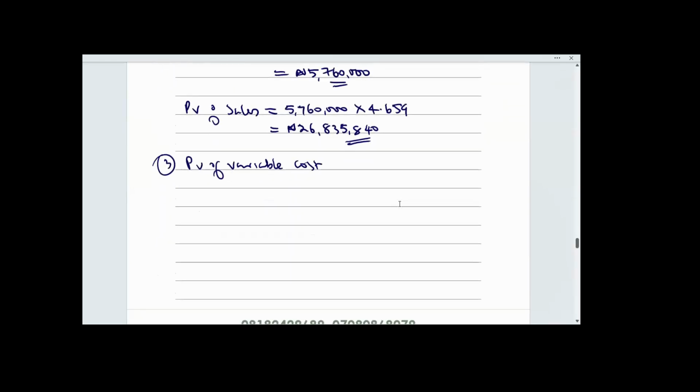To calculate the PV of variable costs, you need to first calculate the total variable cost. Total variable cost is number of units of 240,000 multiplied by variable cost per unit of 18 naira. So this will give you 4,320,000. Please confirm.